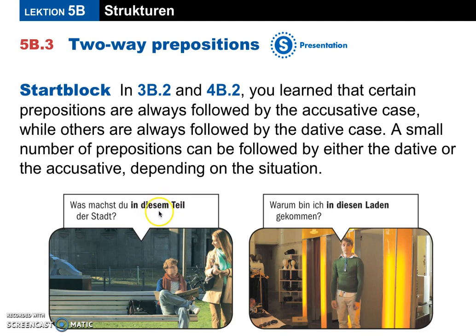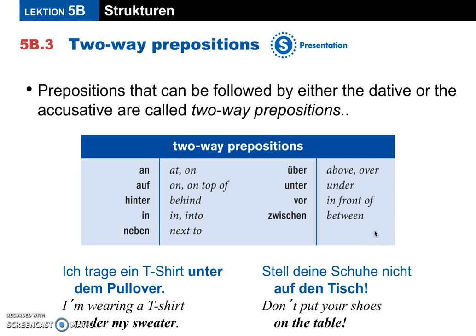Teil is masculine, so it is diesem. In the second example, you have in paired with the accusative. Laden is masculine, and in the masculine accusative the ending is en. So: in diesen Laden gekommen, in diesem Teil. In the location, you use the dative. In the movement, you use the accusative.